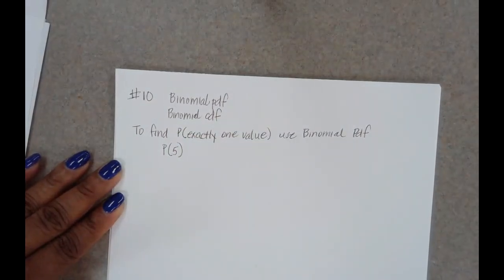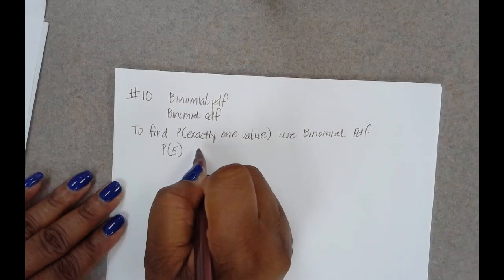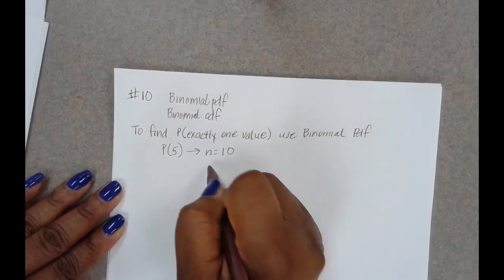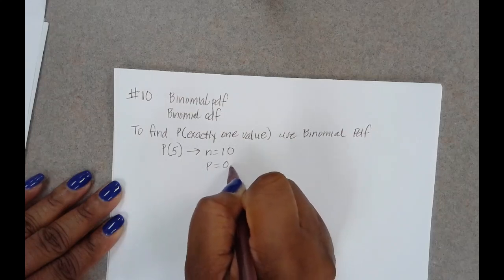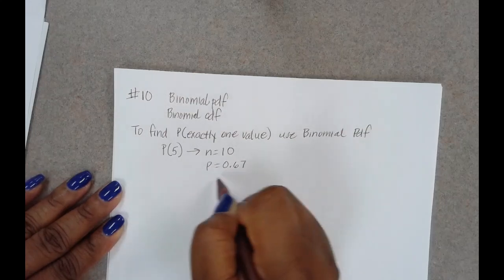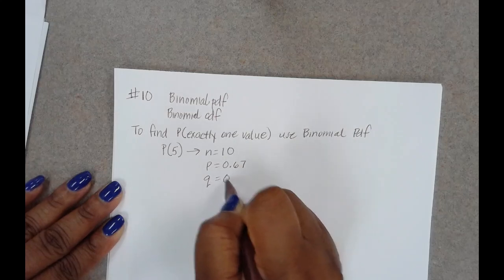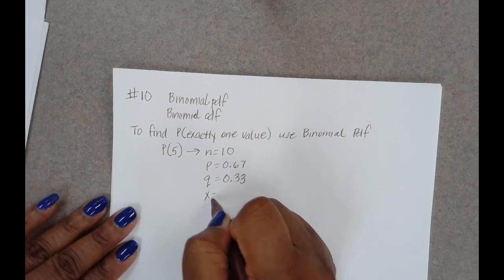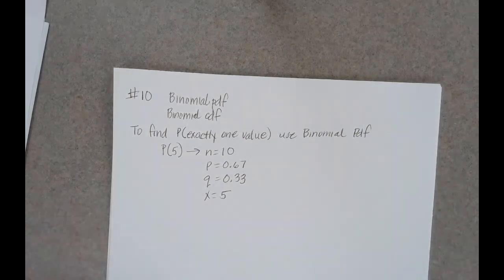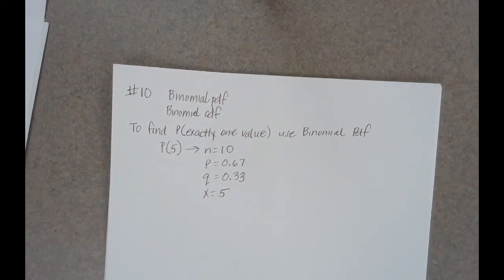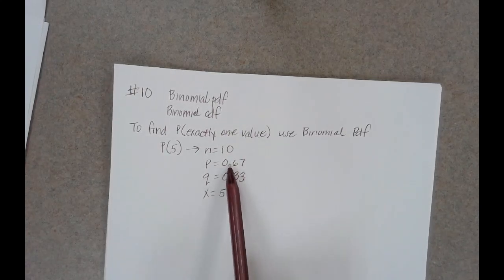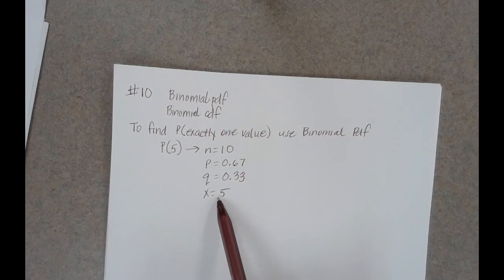Now, what we know is that n equals 10, p equals 0.67, q equals 0.33, and x equals 5. That's what we know. For the purpose of our calculator, we're going to use n, we're going to use p, and we're going to use x. So now let's go to the calculator.